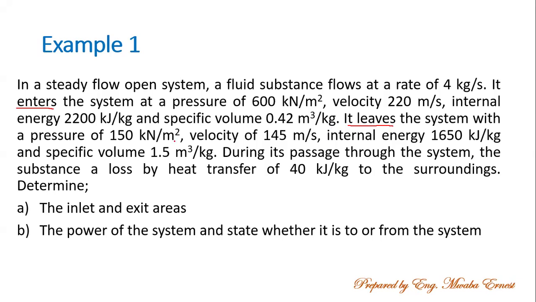Then this other information below should be for the exit side. Unfortunately, this one, according to the continuity of mass flow rate, will remain for both sides, because the mass entering must be equal to the mass leaving. So what is exiting and what is entering, the flow rate remains the same. So we will still maintain the 4 kg per second like that.